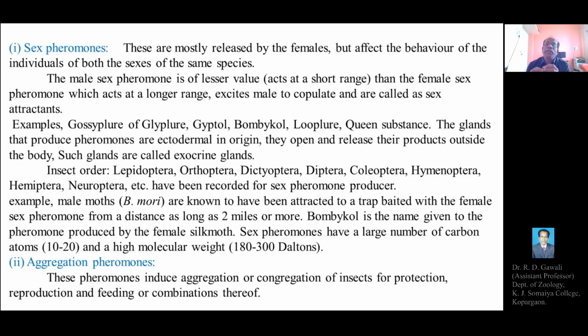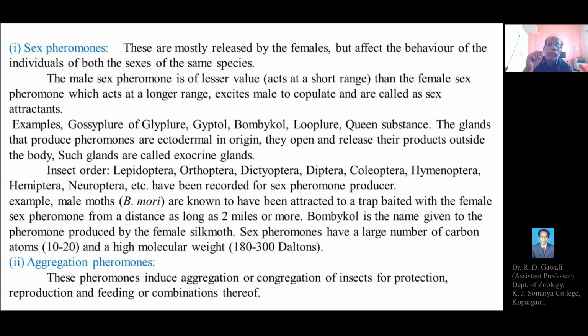So for that purpose we can collect these insects or pests by using the aggregation pheromone, which stimulates the members of the same species and helps in aggregation of a large number of insects together, after which they can be killed if they are pests.